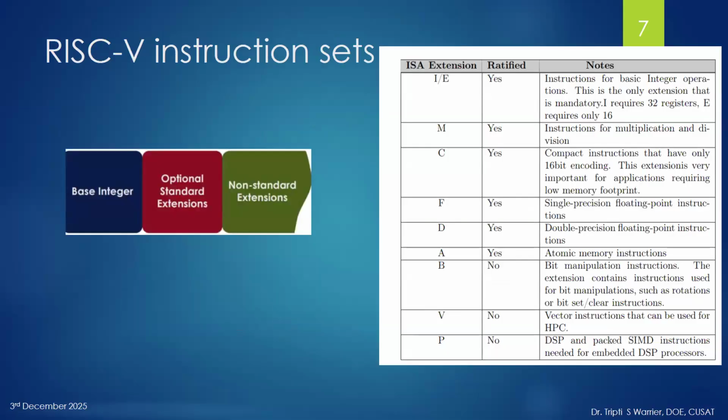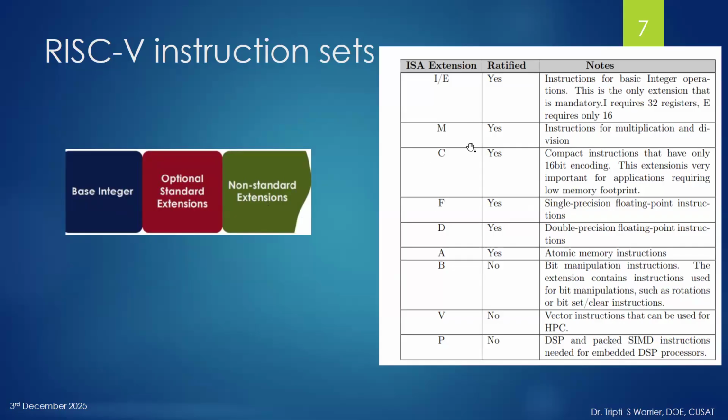This slide shows the different instruction sets. I know we have already talked about a few of them, but the concept is that the base or integer set is the basic instruction set that is part of any RISC-V processor design, and in itself it is able to run most applications. Why do you require an optional standard extension? It is based on the application that you are targeting.